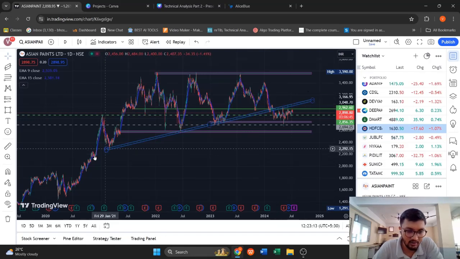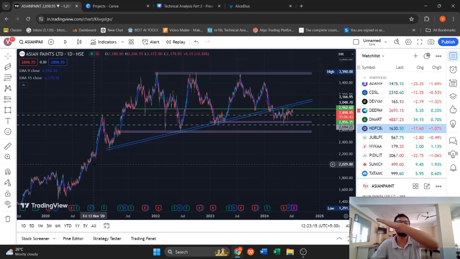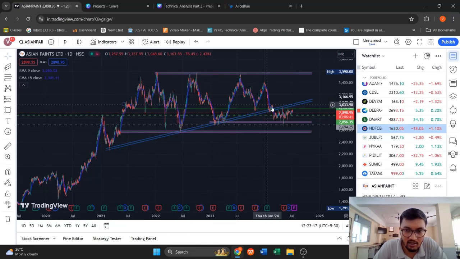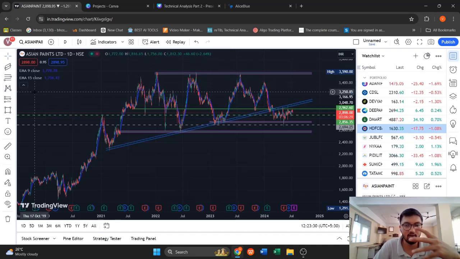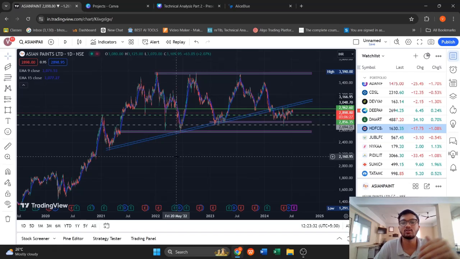You can see the market is in an uptrend, but as soon as it broke this particular support zone, you can see every time it is going up, it's coming down, it's going up, it's coming down. So looking at the patterns, you can mark your support and resistance according to you.